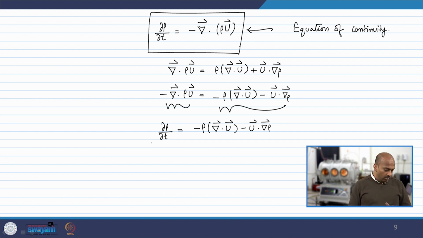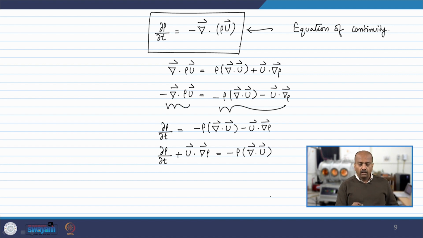We can rewrite it as ∂ρ/∂t plus u dot del ρ is equals to minus ρ times del dot u.